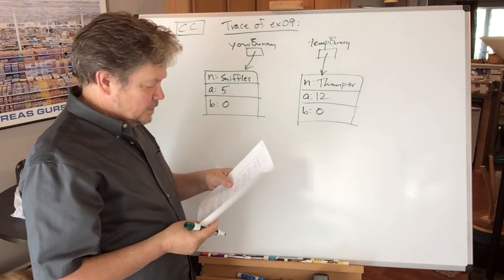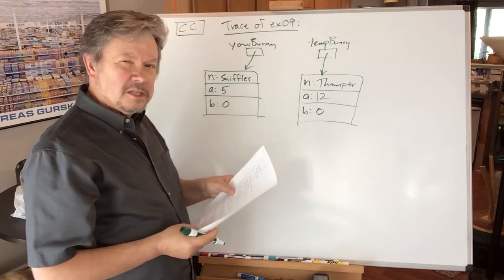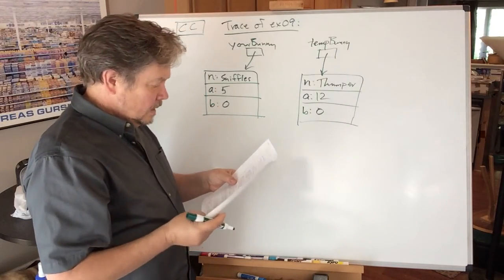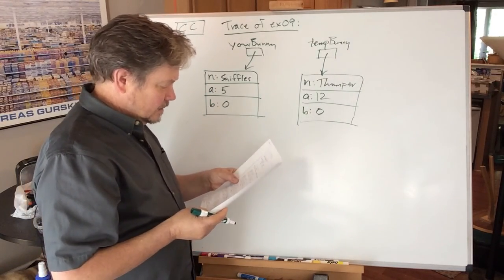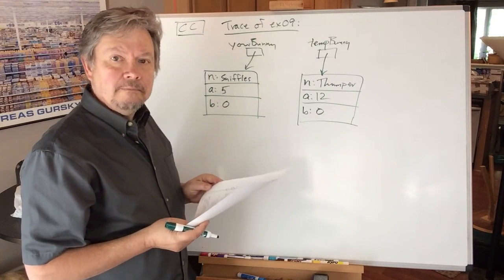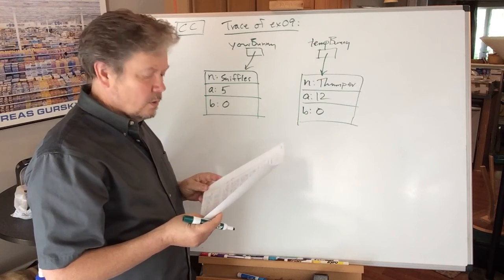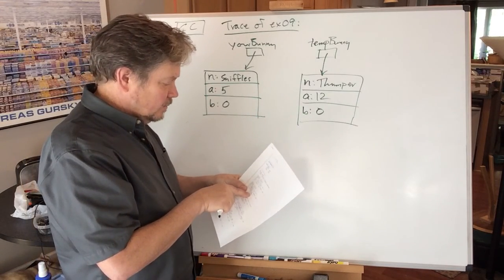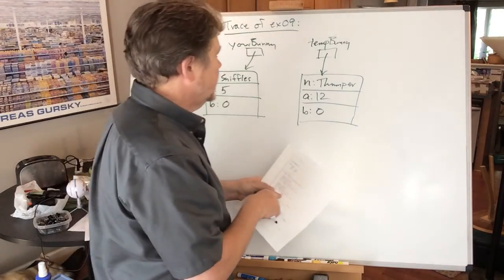Now, here's the first thing that goes on behind the scenes that's not actually asking the user for something or reading it in. Stare at line 38 until it makes sense. What's going on here? Well, we do this one piece at a time. Good thing we've learned well to start on the right-hand side and then look at the left. Start on the right-hand side of line 38, temp bunny.